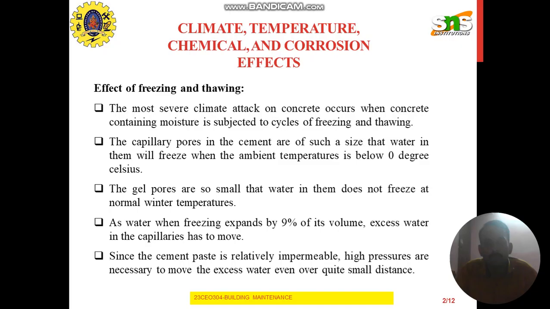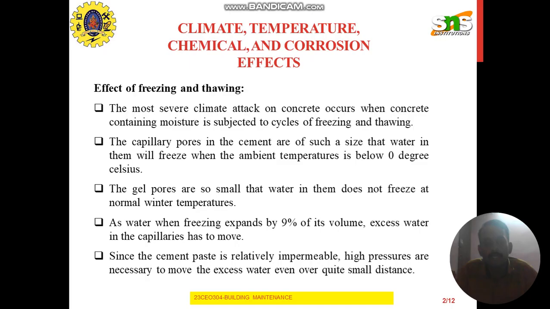Due to rapid changes in temperature, such as repetitive cooling and heating of the concrete structure, there may be a freezing and thawing effect on concrete.